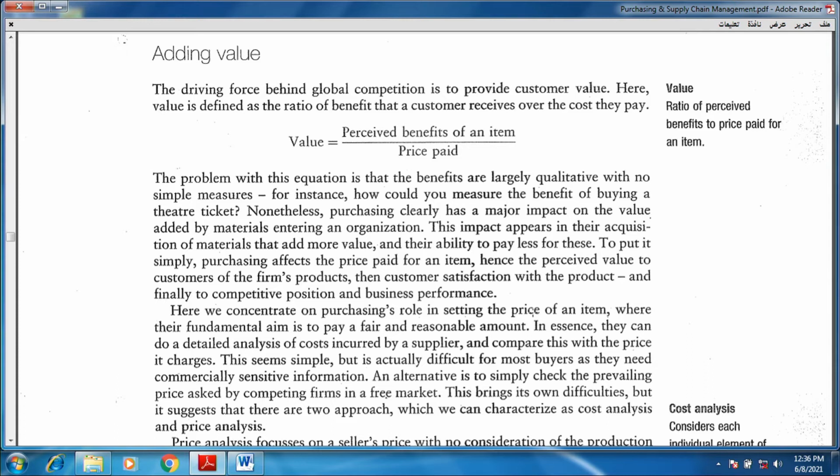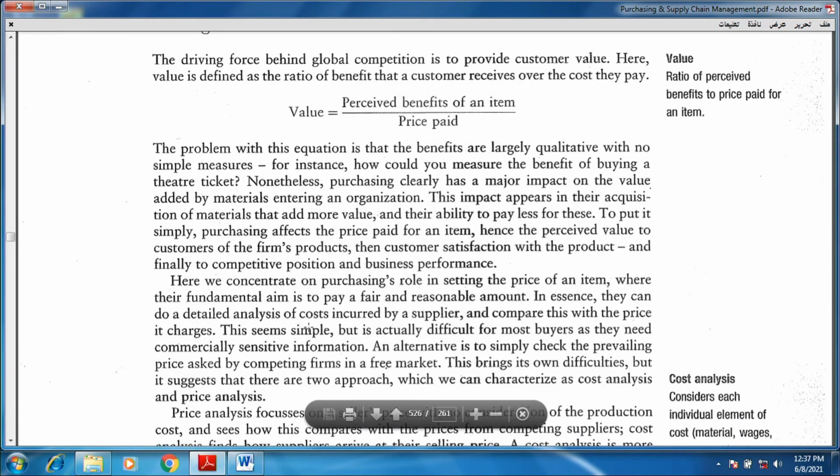This is the talk of the purchasing department: we see that these benefits, which are very huge in comparison to this simple price, we are recommending to purchase these commodities and to take the action right away. So you need to have a better analysis of the relationship between the cost and the benefit.